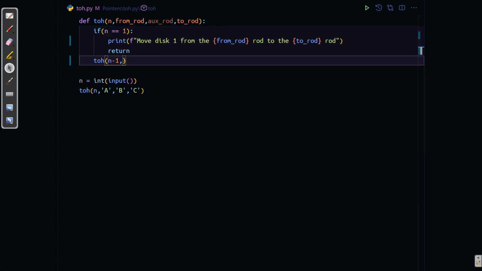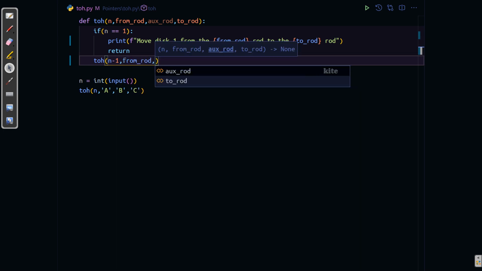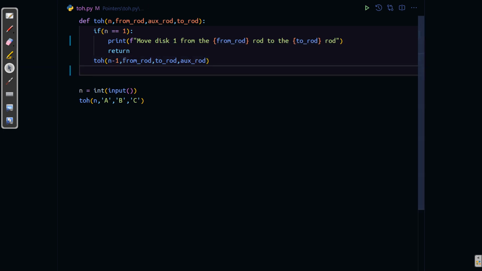So we write the from rod as it is, and in the auxiliary rod position we change it to the to rod, and after that we pass the auxiliary rod as our destination. Next, you have to move the nth disk from the from position to the to position.